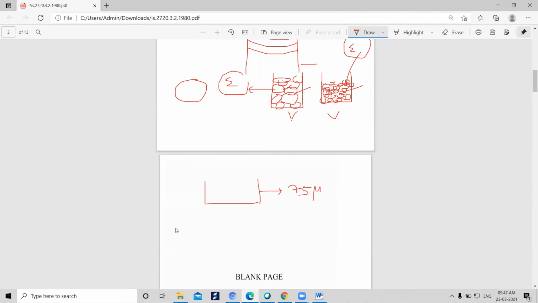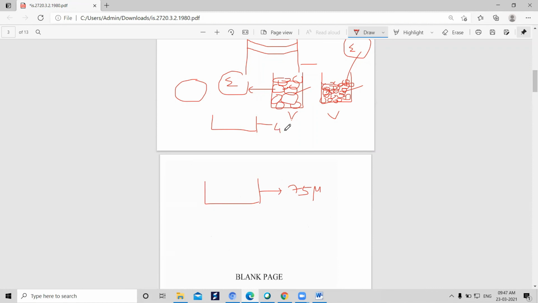Before starting this explanation, I need to ask: if I say sand and aggregates, what do you mean by sand? You'll call it fine aggregate. If I say gravels, it is coarse aggregate, right? Do you agree with me? Now, how do you differentiate coarse aggregate and fine aggregate?